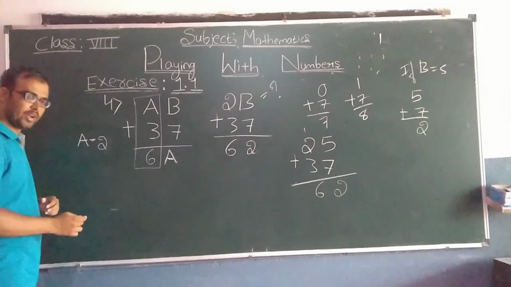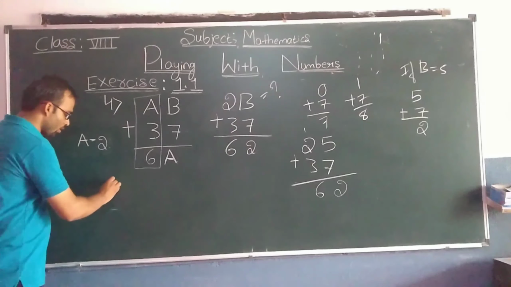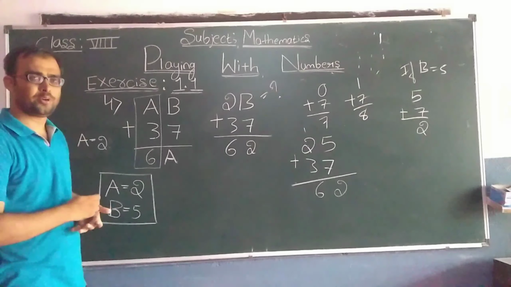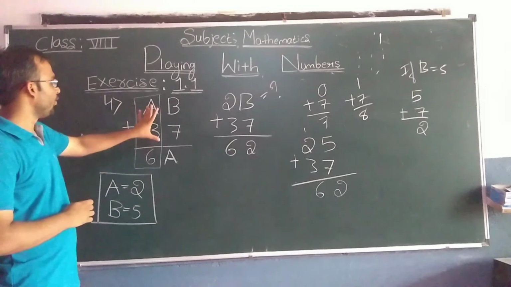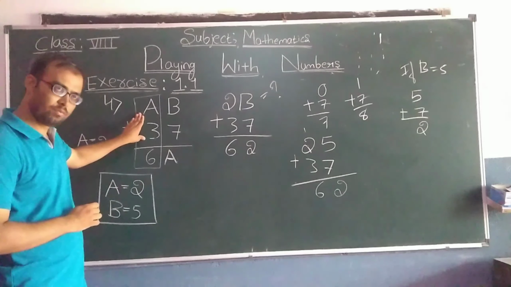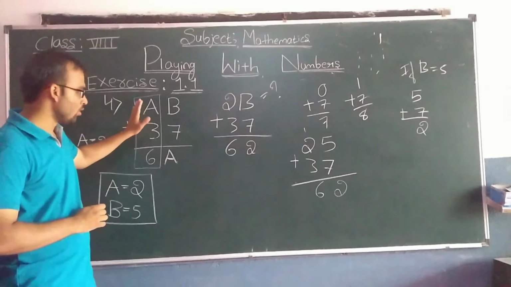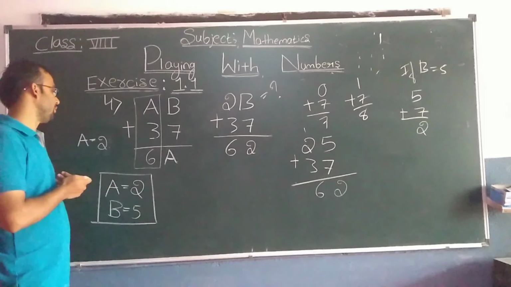So the value of a is 2 and b is 5. Students, if you come across such kind of puzzles, don't do the first part. In this kind of puzzle, we need to add the numbers from right to left.